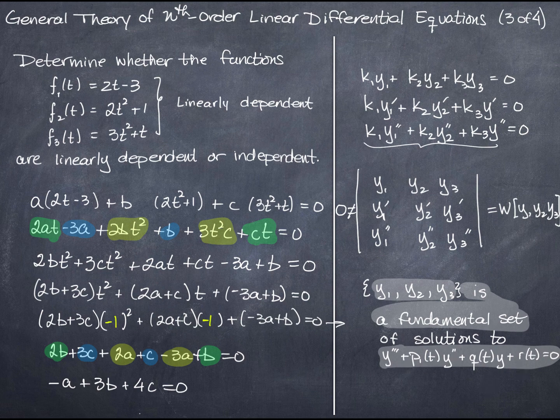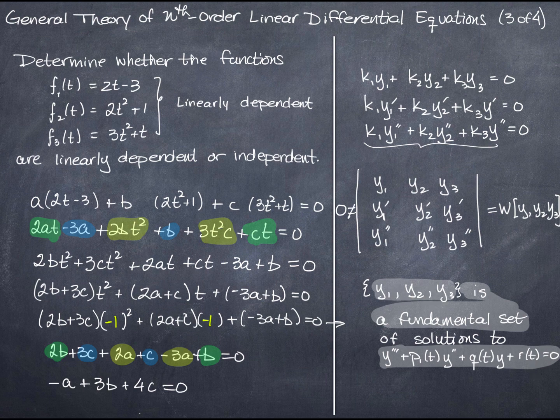So this idea of fundamental set, for those of you who've taken linear algebra, we're just talking about a basis, right? These may not be the only three solutions here. They may not be the only functions that are linearly independent and satisfy the initial conditions. But they certainly do qualify as a fundamental set, which in linear algebra we would call a basis, to this equation, or to an equation of this form, if they're linearly independent.